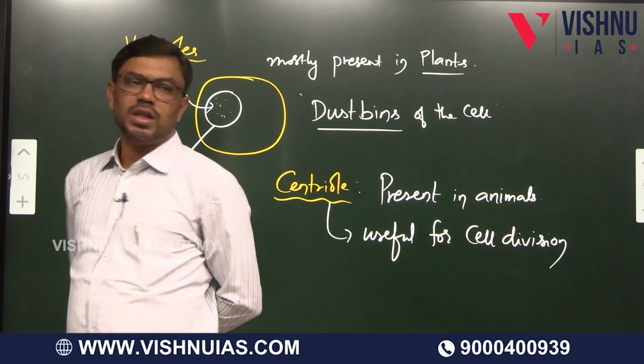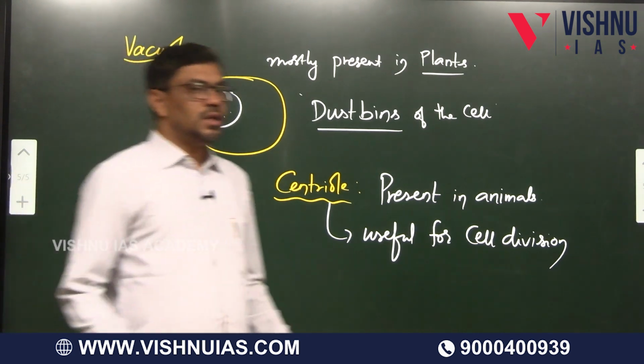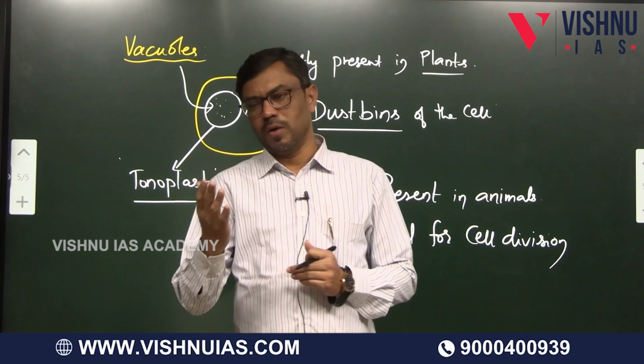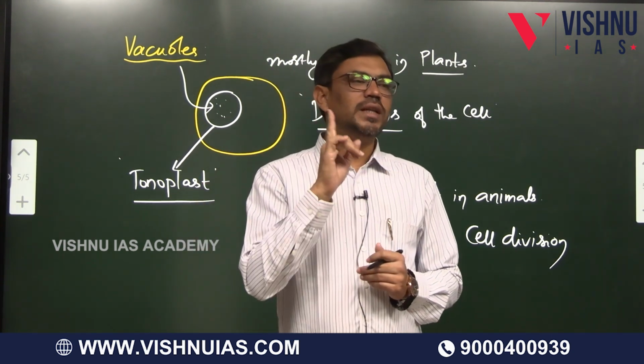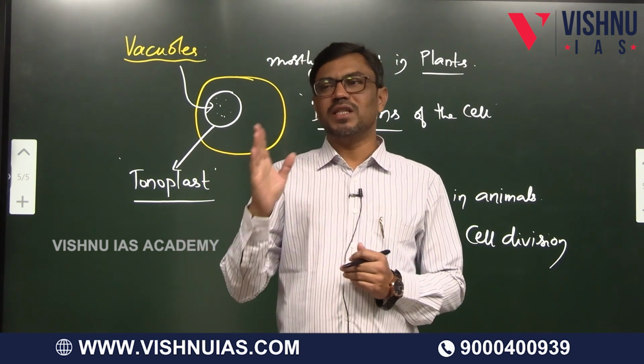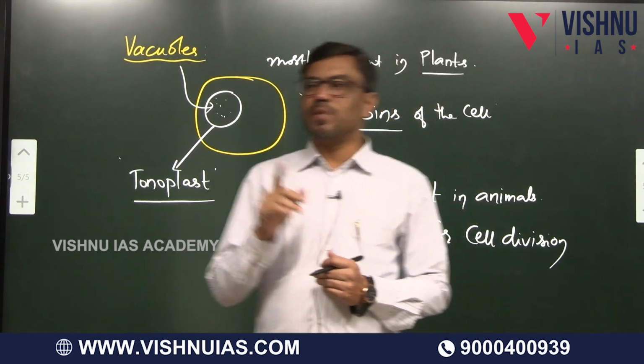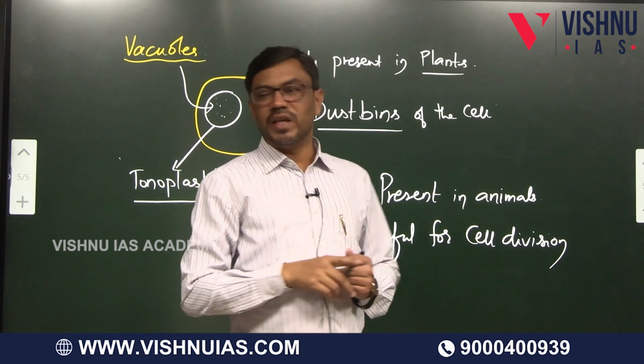Just briefly I will revise once. If you observe the eukaryotic cell, it contains cell wall and protoplasm. The cell wall is present only in plants, and protoplasm is divided into plasma membrane and cytoplasm. The plasma membrane is a thin membrane surrounding the cell.